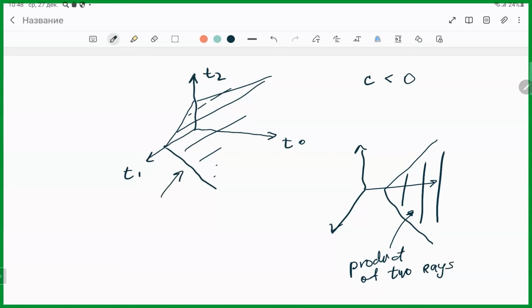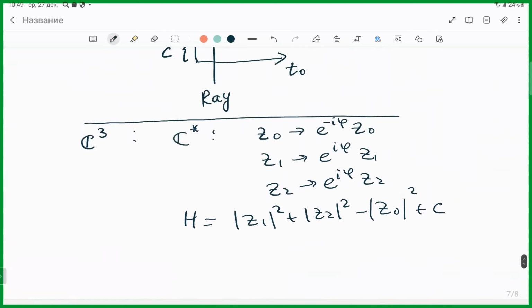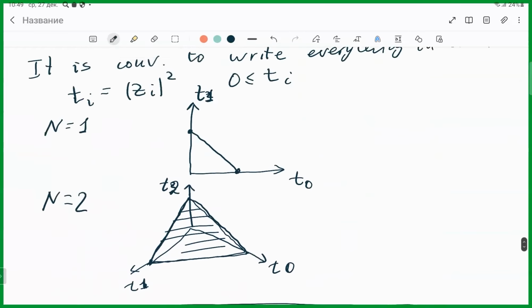And this is something more interesting. I need to explain how to get a manifold out of this picture.